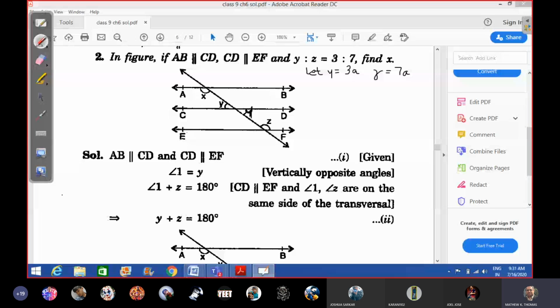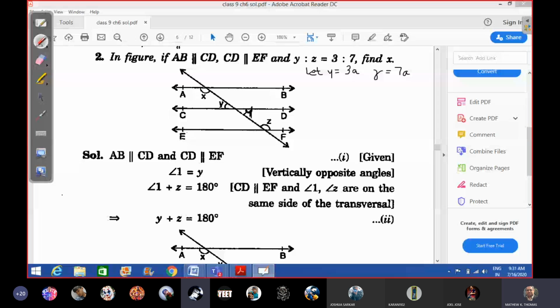So this total will also be 180. X and y together will be 180. So y value we have found out as 54, so x will be 180 minus 54. This will also be 126. Or you can use x is equal to z, alternate angles. That also can be used.